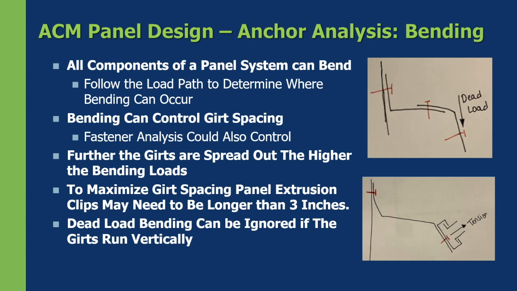There is, for dead load, a way we can get rid of the dead load. That is by running your girts in line with the studs. What that does is it takes the bending of the dead load away. Something to consider on your next project.